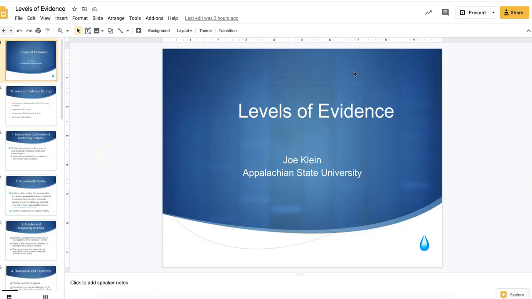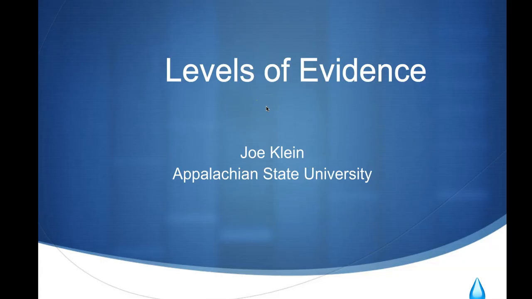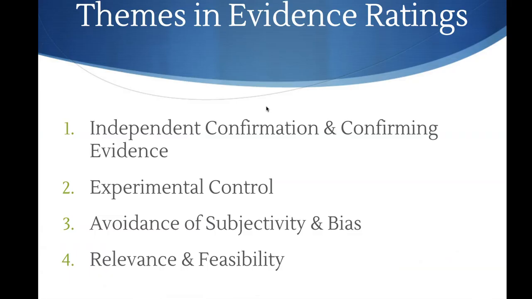Let's talk a little bit about levels of evidence. In this lecture, we're going to talk specifically about themes in evidence ratings, and then we'll do the other one in another lecture. There are four major themes.